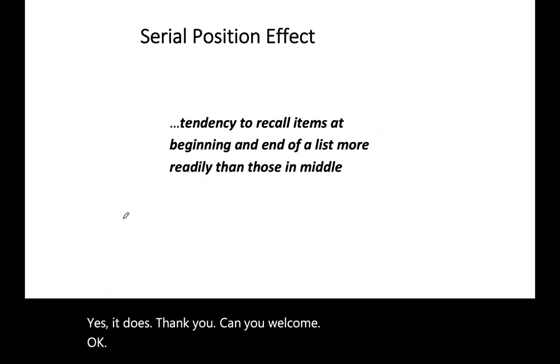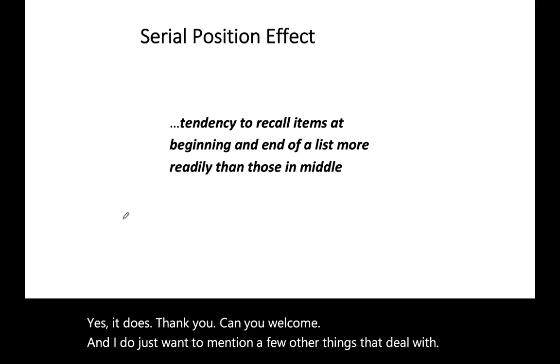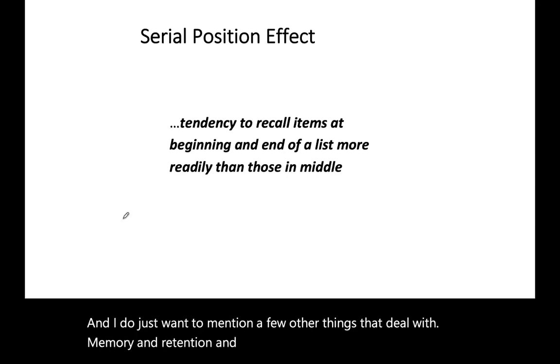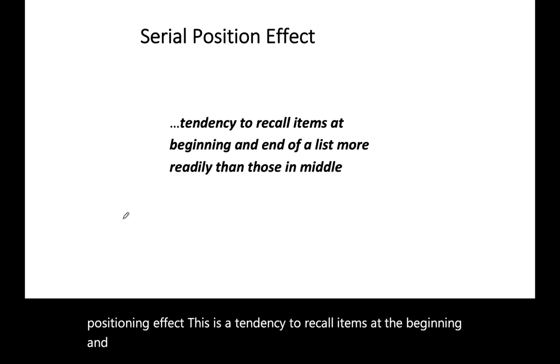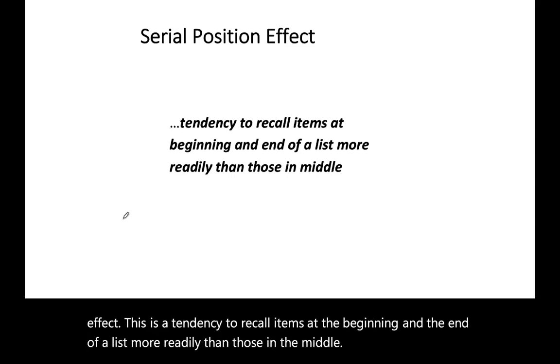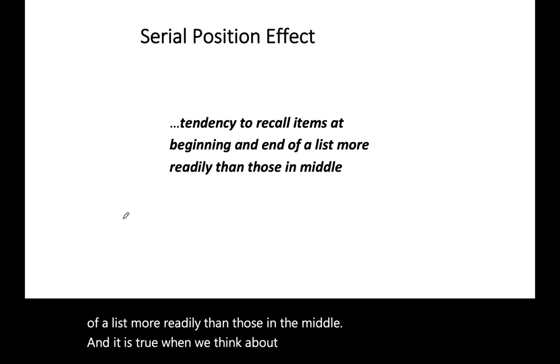And I do just want to mention a few other things that deal with memory and retention of memory. One is called the serial positioning effect. This is a tendency to recall items at the beginning and the end of a list more readily than those in the middle. And it is true when we think about experiences, right?